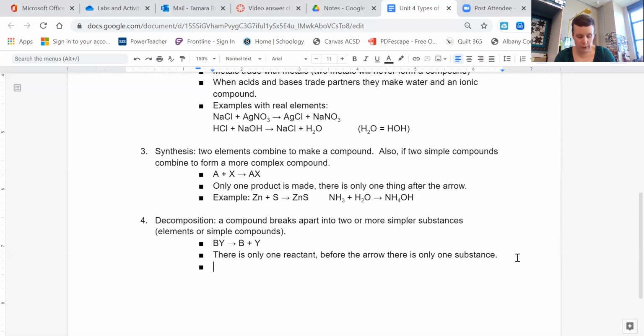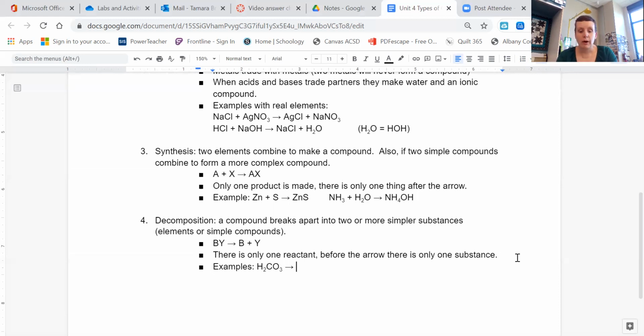Here are some real examples. Sorry, I lost my place. Okay, here's one. H2CO3. Okay, so that's a compound. And that's the only thing on the left side of the arrow, that compound.